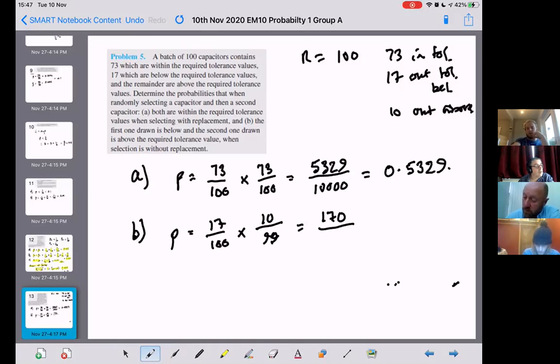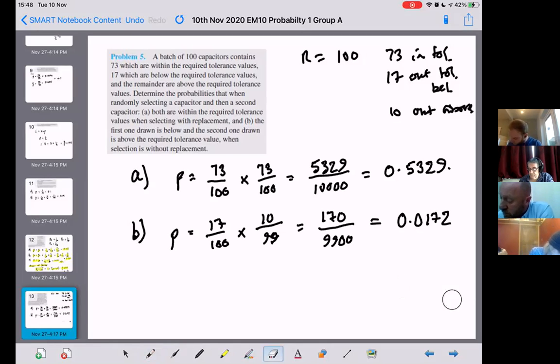Do you have to show it like that first? Yeah, I would. I think really then you're showing your work, and if you have gone wrong, I can see where the misunderstanding is. Okay. And the result of that is 0.0172.